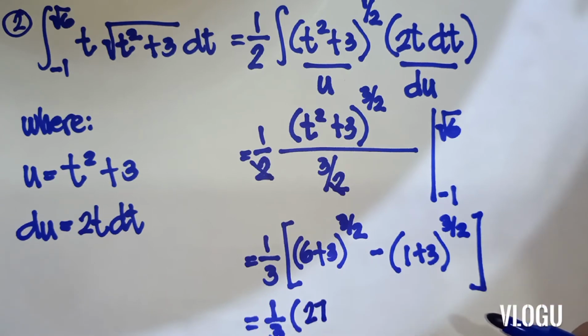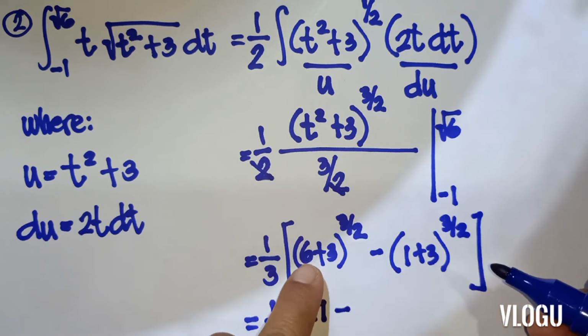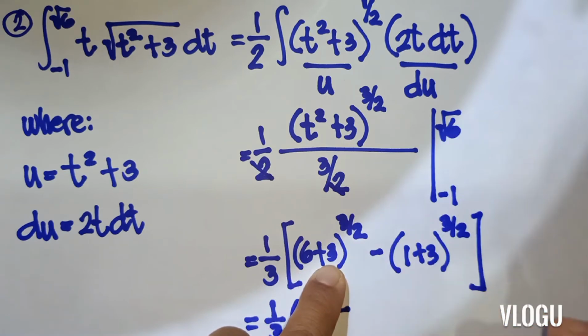Raised to 1/2 is the square root of 9, that is 3.